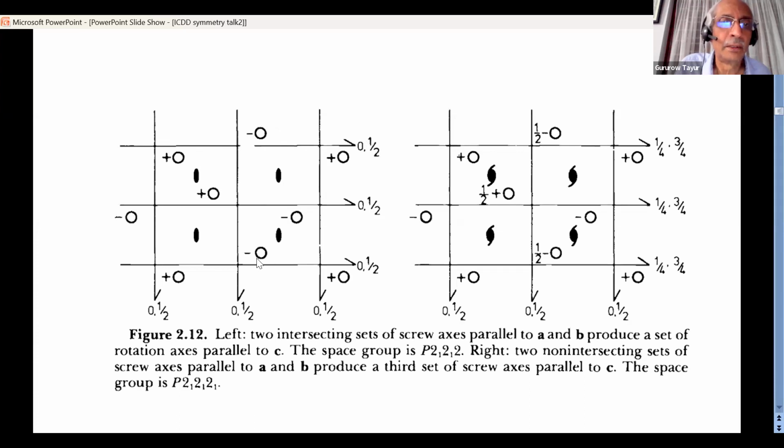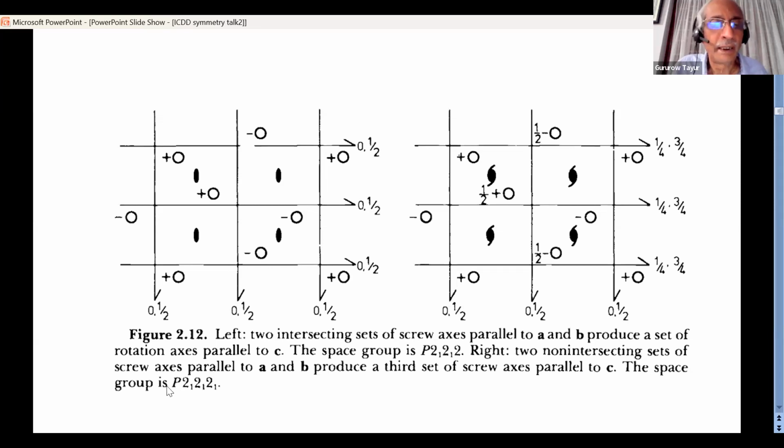We see that we generate this point, and the corresponding equivalent of this gets generated as well. So there is a two-fold axis which gets generated. So this space group, when we have two intersecting 2-1 screw axes, will be P21 21 2.